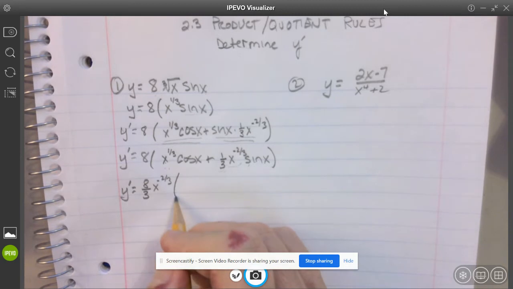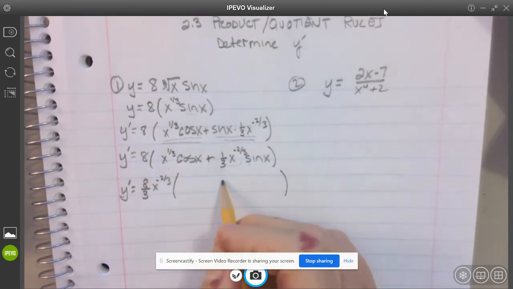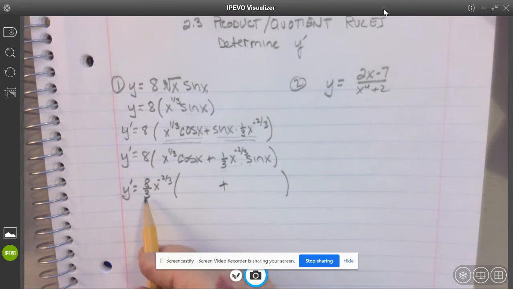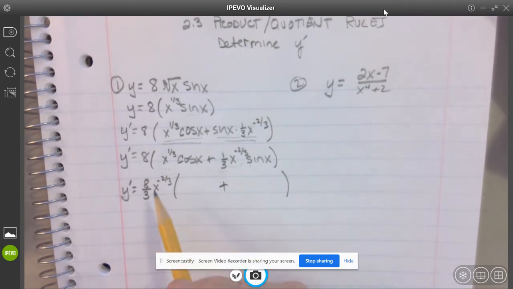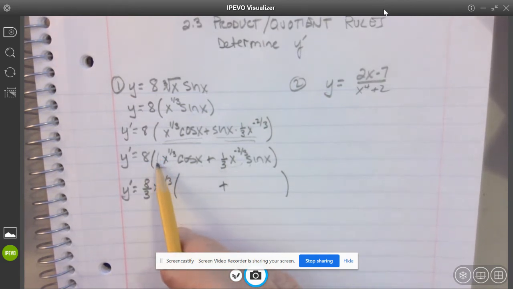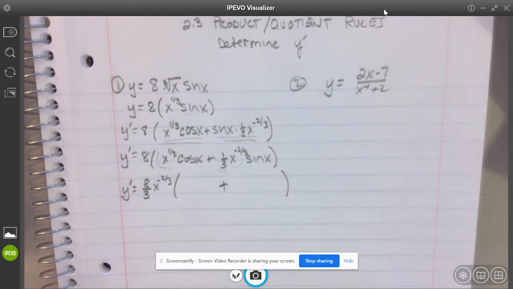And now you're just going to write what's left in each of these two terms after you factored this out. So first of all, we'll think about factoring out 1/3 from this. This doesn't have any number here other than 1. So to figure out what's left over, you divide by the 1/3, or in other words, multiply by 3.